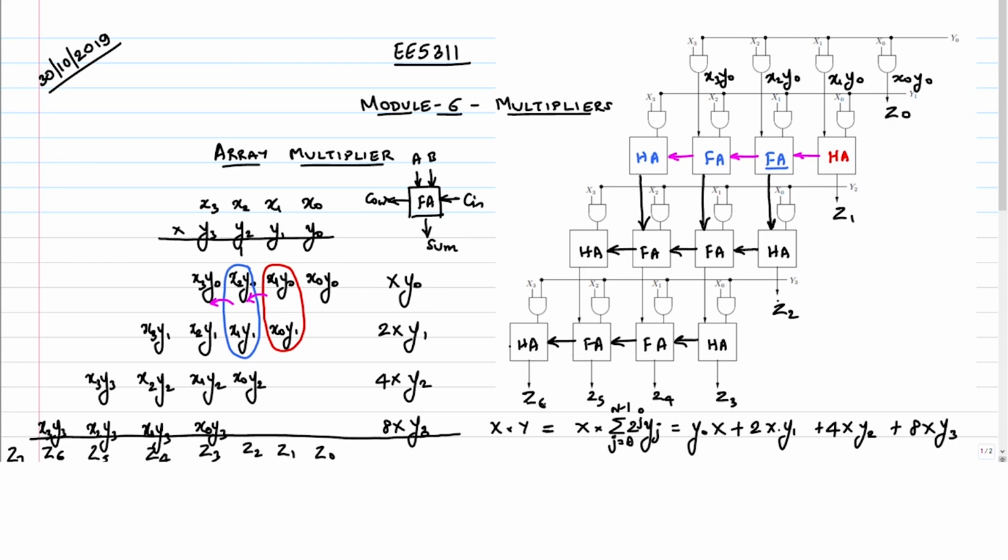Right? Now what happened to the carry out from those left corner half adders? I am adding x3, y1 here. X3, y1 with the carry from the x3, y0, x2, y1 term. There is a carry out coming. I add those two terms. Where does that carry go? So that has to come here.